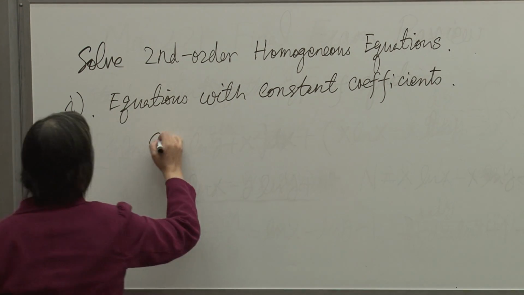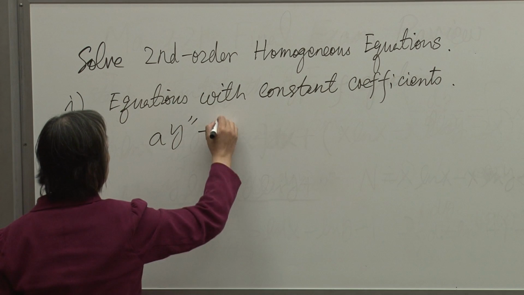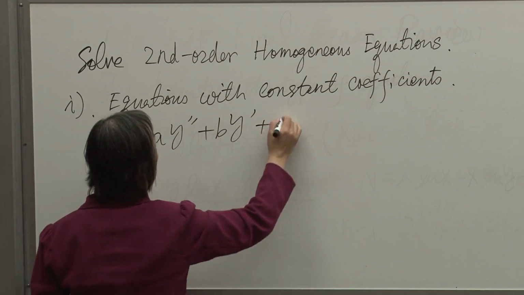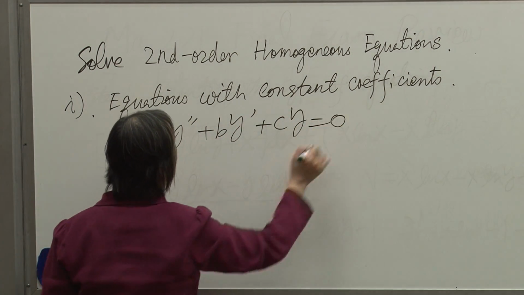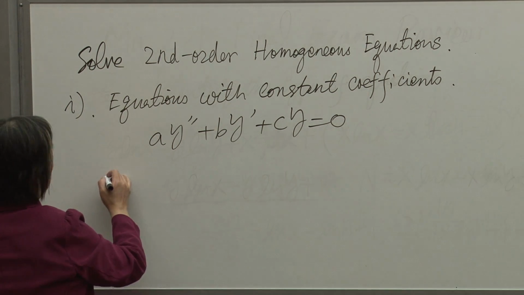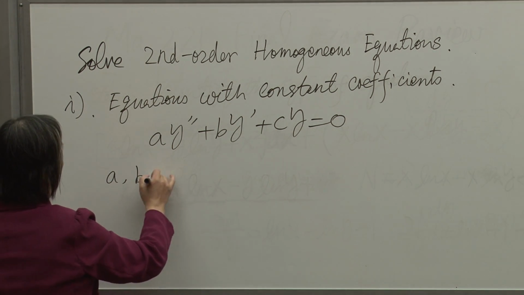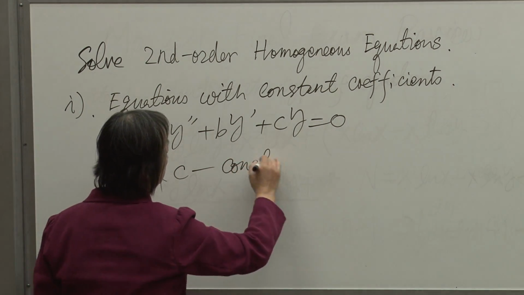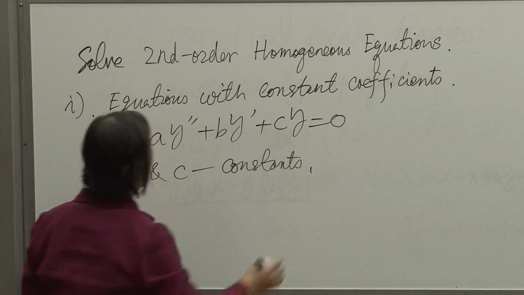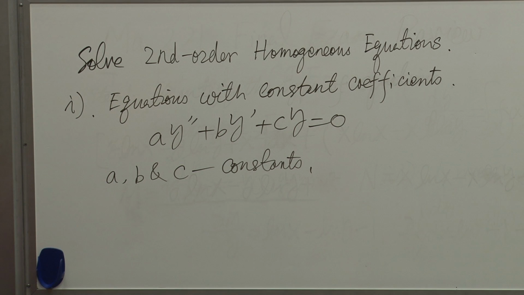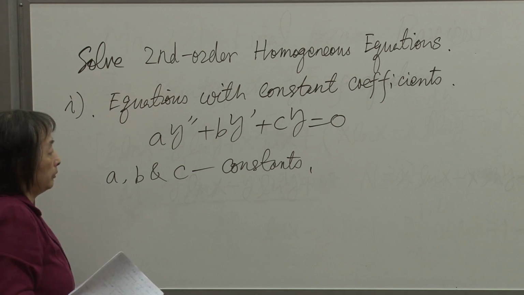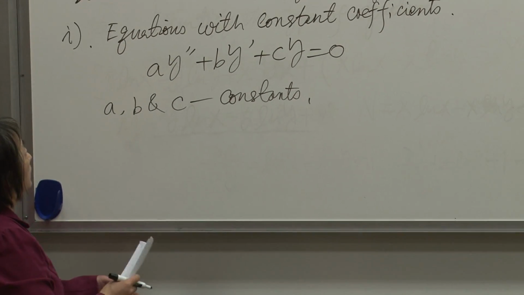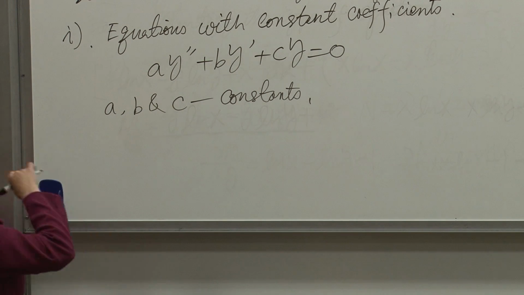So we have a y double prime plus b y prime plus c y equal to 0, with a, b, and c as constants. This is one case we have dealt with. We need to remember the motivation.